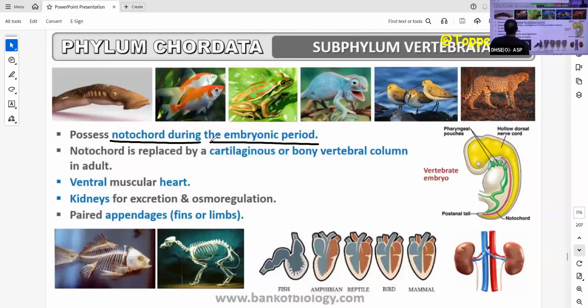Then as they grow up, as they become adults, or in post embryonic development, this particular notochord is replaced by a bony or cartilaginous, again I'm telling, bony or cartilaginous collection of bones or vertebrae, that forms the vertebral column. So this vertebral column is the characteristic because of which you call this category of organisms Vertebrata. Understood? Look at this carefully again.